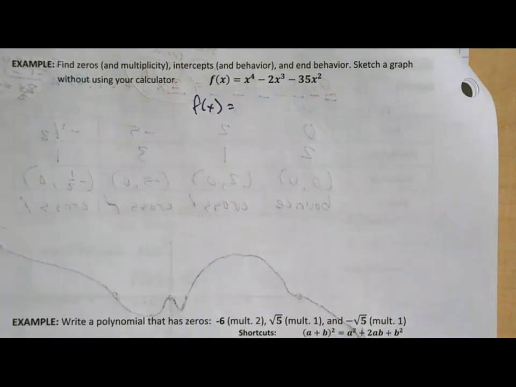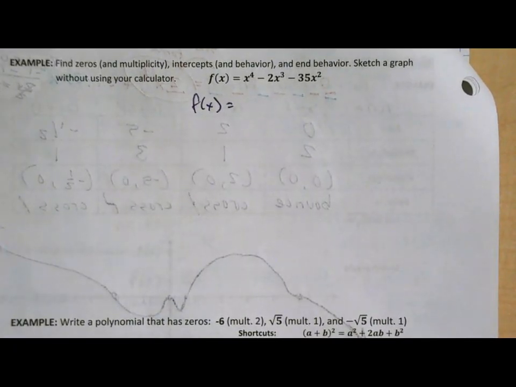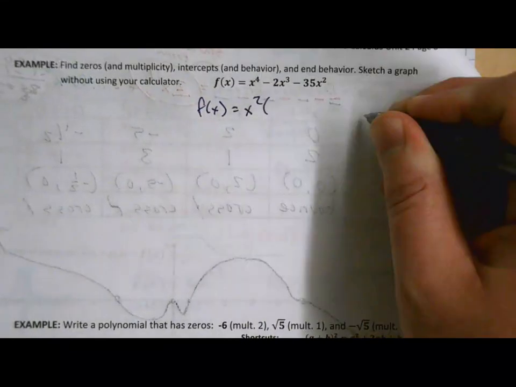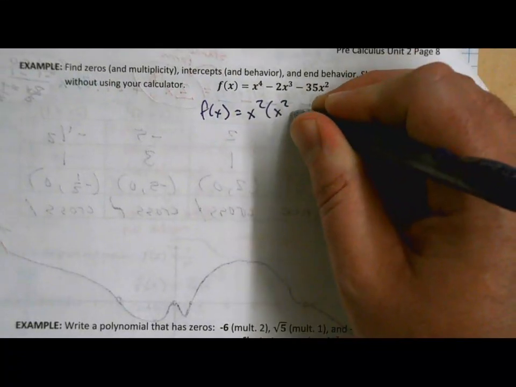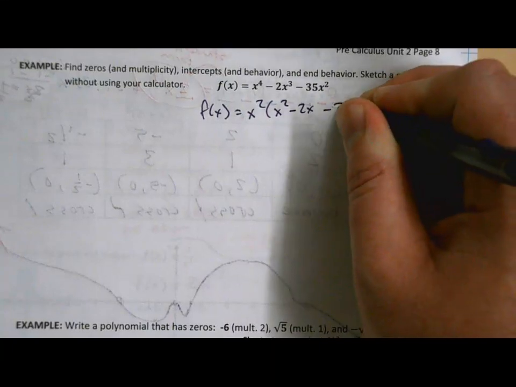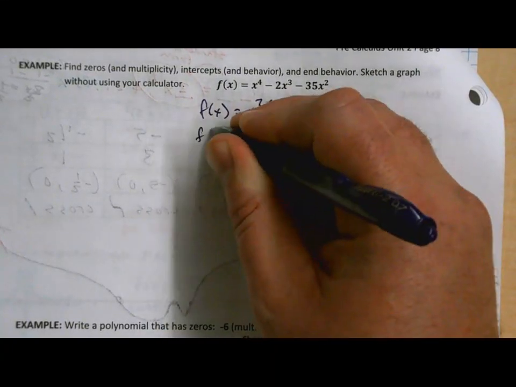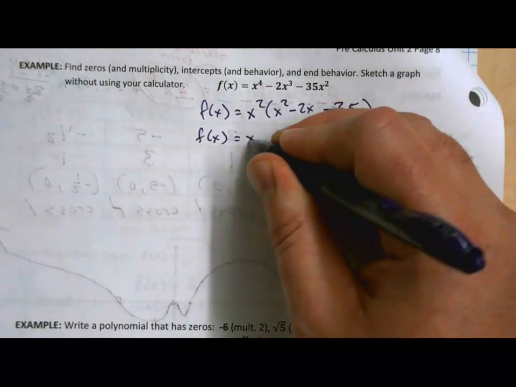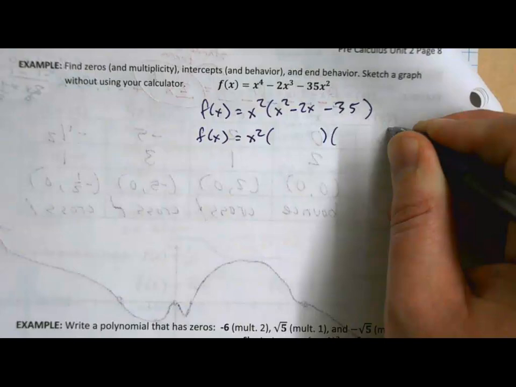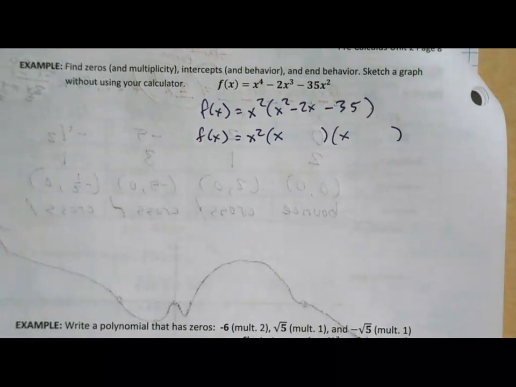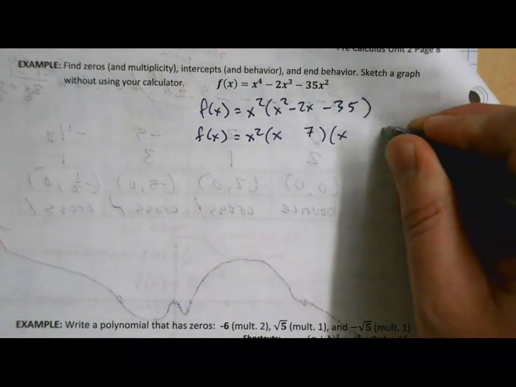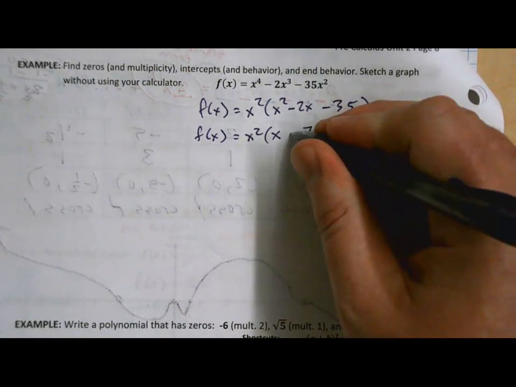If you didn't notice that GCF, take care of that first. 35, that's got to be 7 and 5, right? We need a -2, so I want the 7 to be negative.